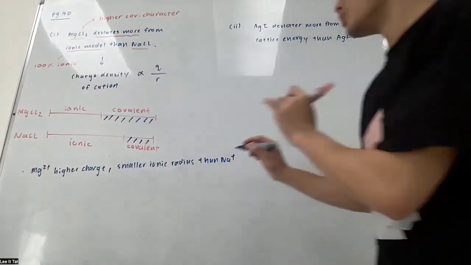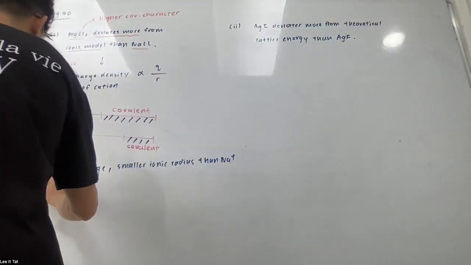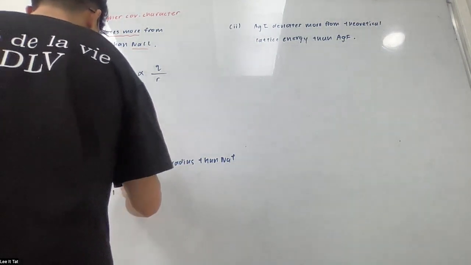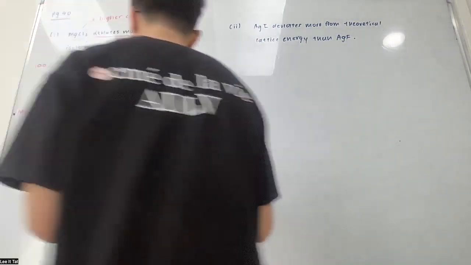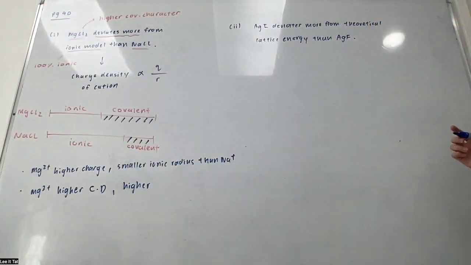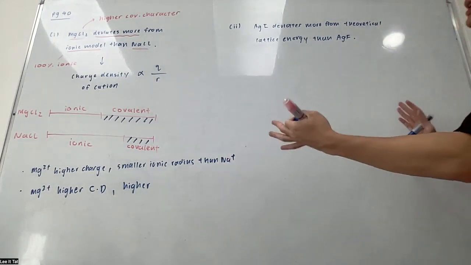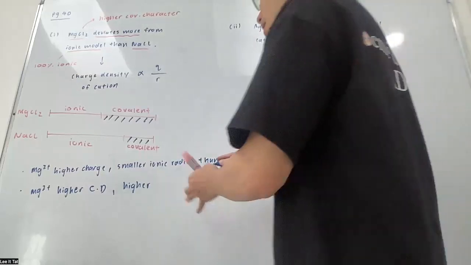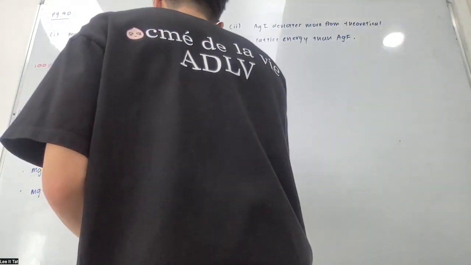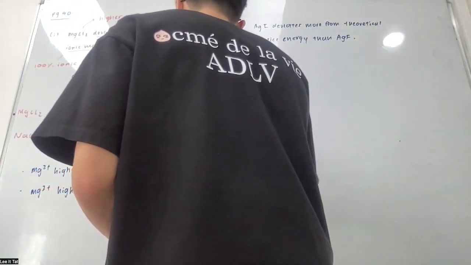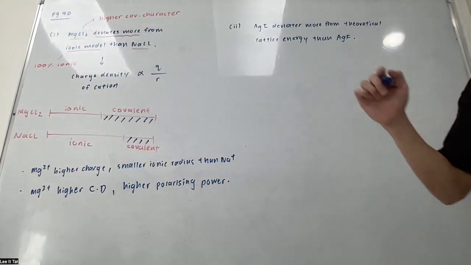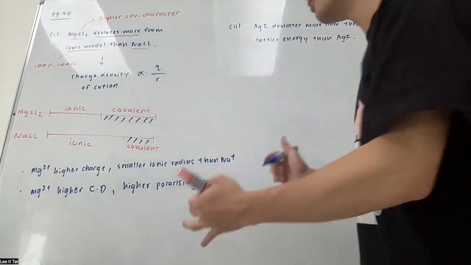Because of that, you can then conclude that Mg2+ has a higher charge density. What's the next keyword that we need to discuss? I've explained the whole process of how you have a lot more covalent character than another compound, and it's because the cation itself has a higher polarizing power. What does polarize mean? Later in today's lesson, I'll talk about what polarize really means.